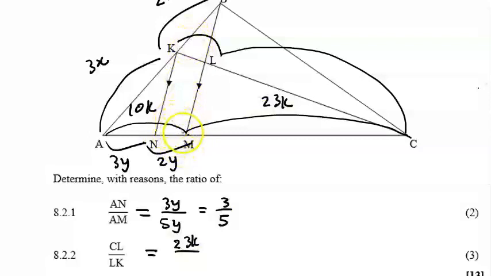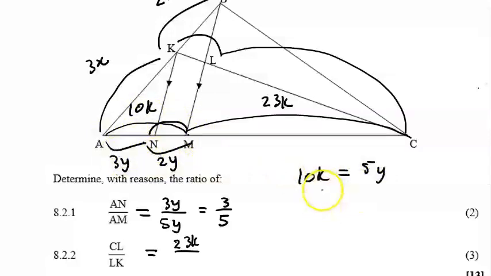So we need to write this in terms of k. Let's see if we can do that very quickly. We have the ability to do that because we got AM, which is 10k. Let's write that down. 10k will equal 3y plus 2y, which is 5y.